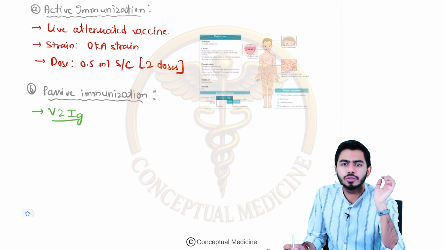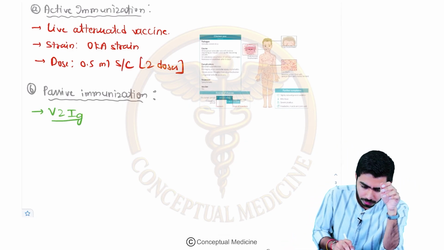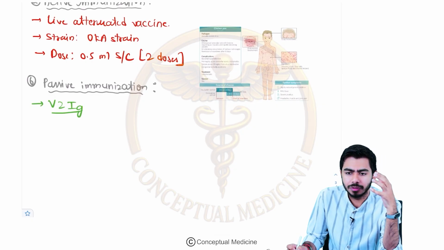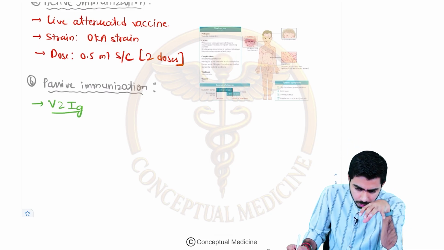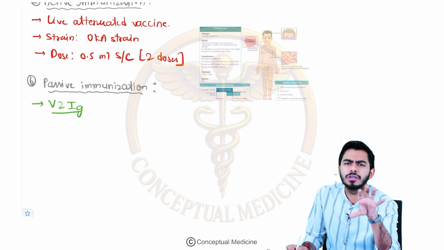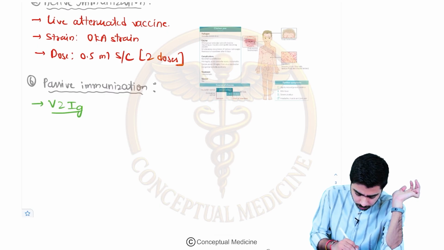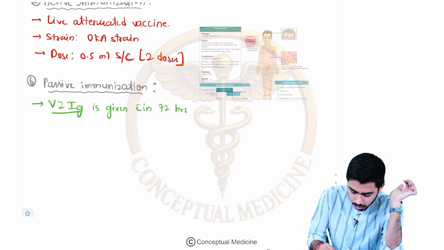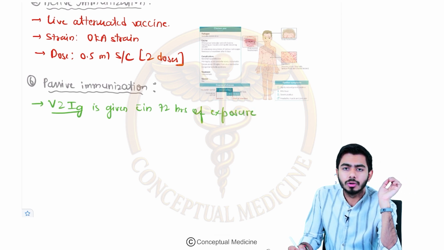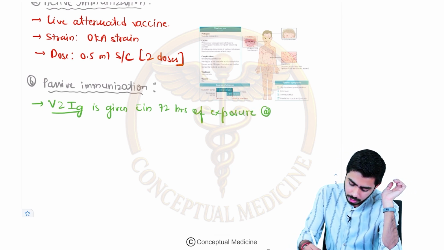Here we give it within 72 hours of exposure to the virus, at the rate of around 12.5 international units per kg. So please remember that as well.